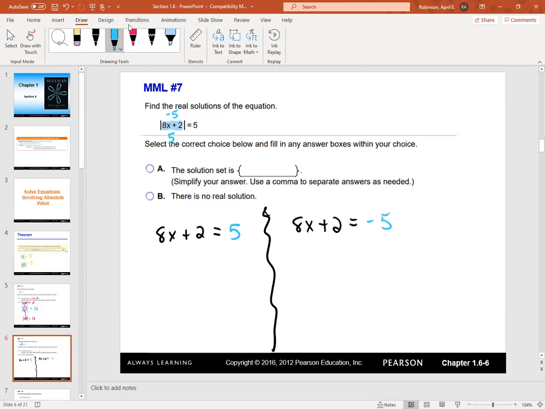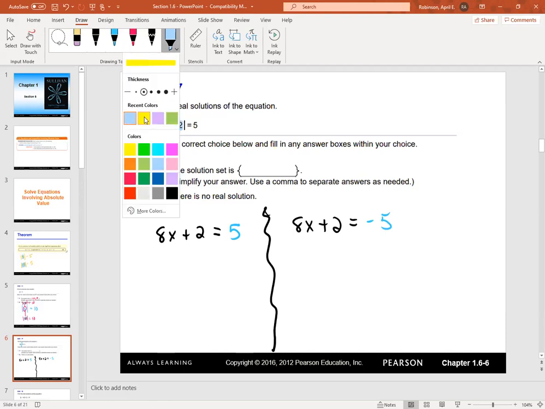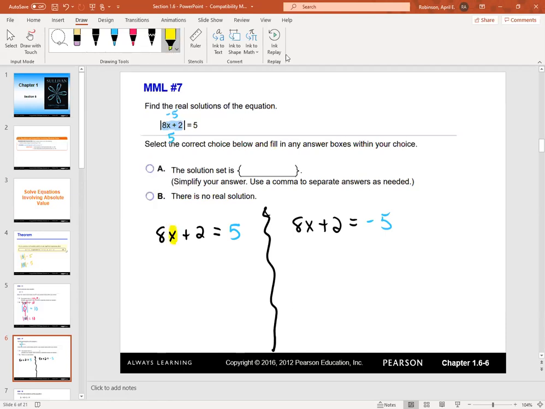You're trying to figure out what value for X. When you put that value for X here, multiply it by 8, add 2, and take the absolute value, it gives you a 5. Or if you put it here, multiply by 8, add 2, and it gives you a negative 5. It's one or the other. So solve each of these for X.